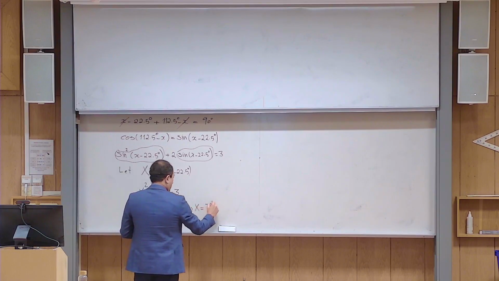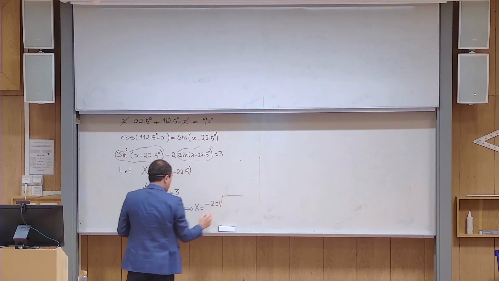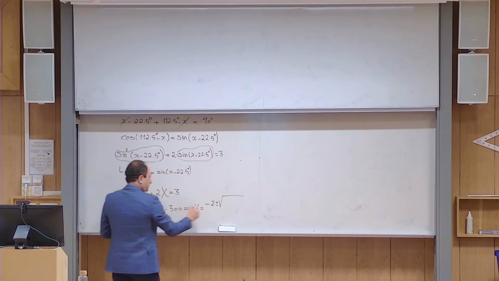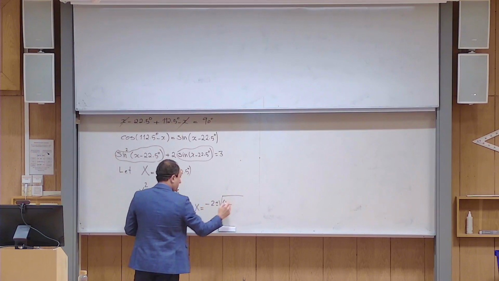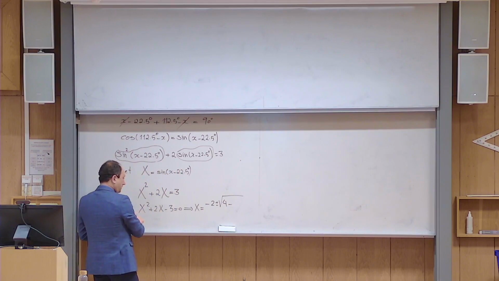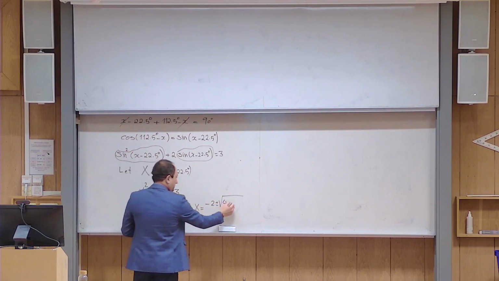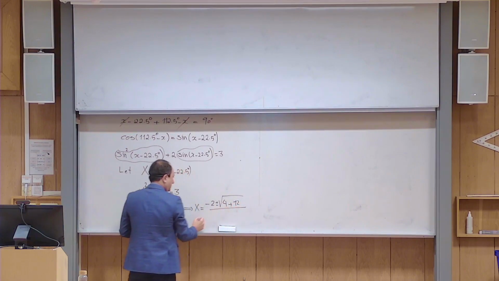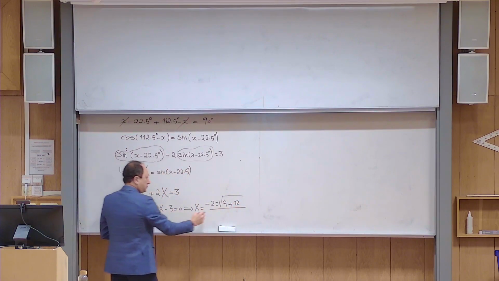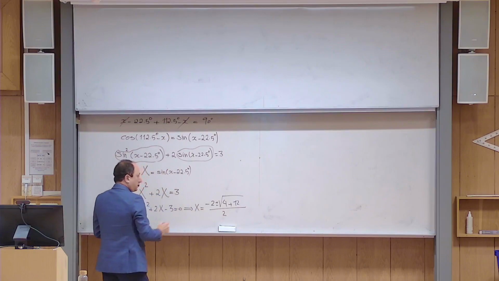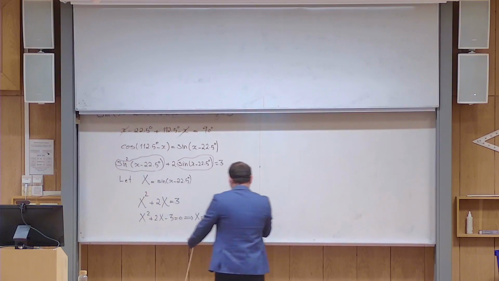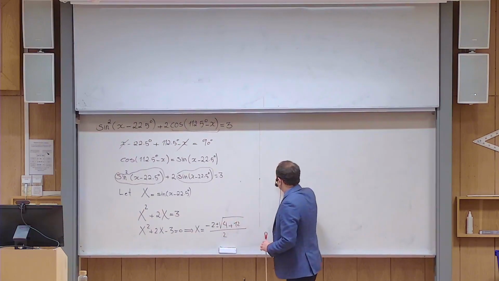So it becomes minus 2 plus or minus the square root of this number to power 2 minus 4 times this number times that number. Minus minus become positive, and then divided by 2 times a, which is 2. But of course, 4 plus 12 is 16, the square root of 16 is 4.